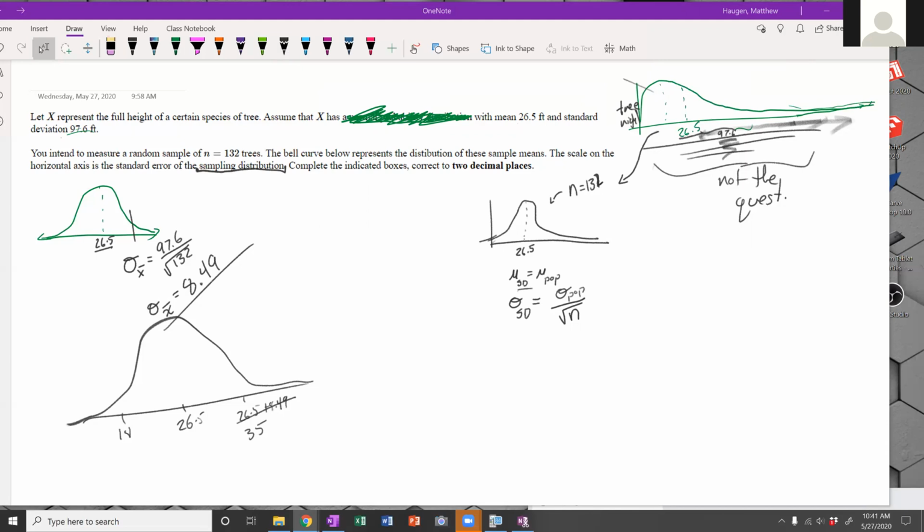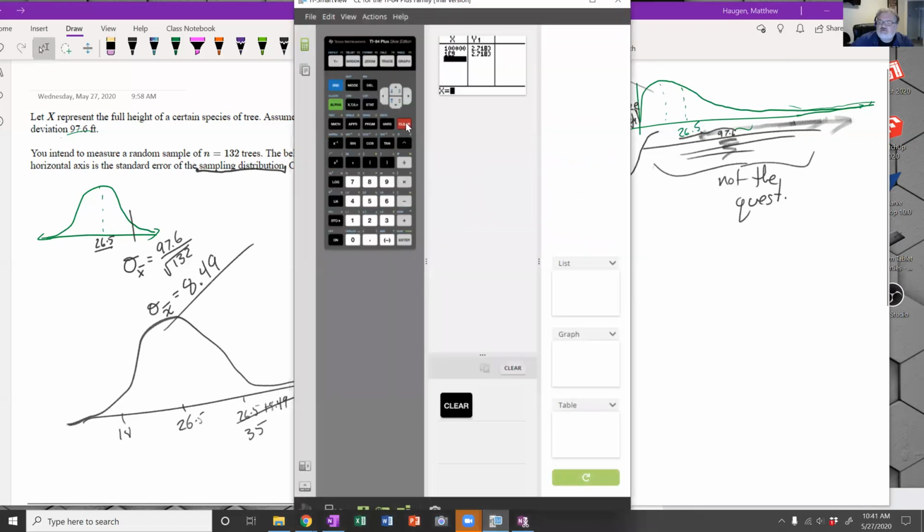Because I got 34.99. And I just put in the 2 decimal places because it says correct to 2 decimal places.